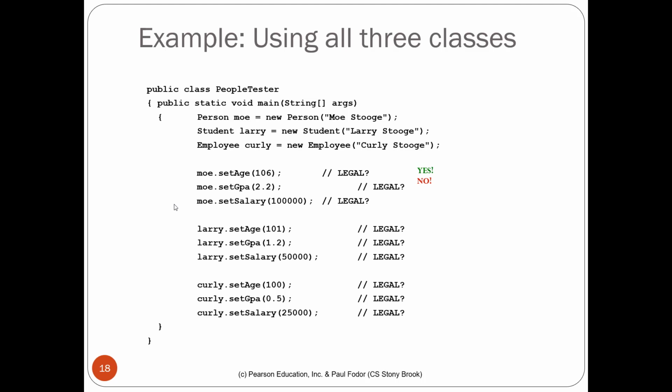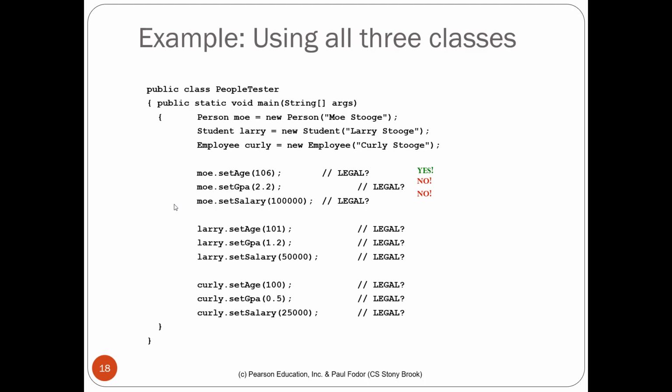It has just two data members, which are name and age. So we were able to set the age, but you cannot set the GPA because Person is the parent class. It will not have data members like salary and GPA. The last question is about salary. Can you change the salary of Mo? No, for the same reason. Mo is a person who's not a student or an employee.